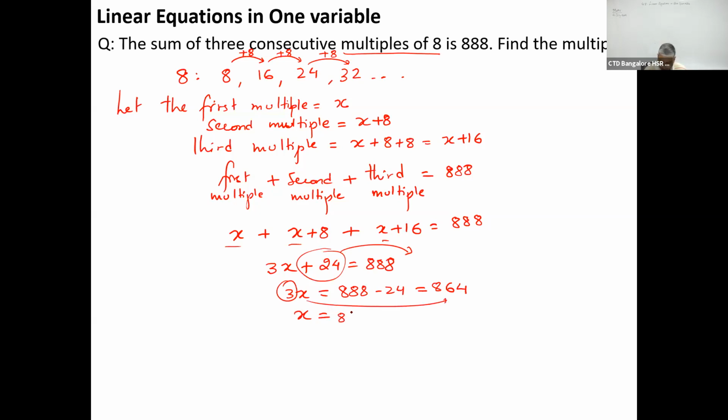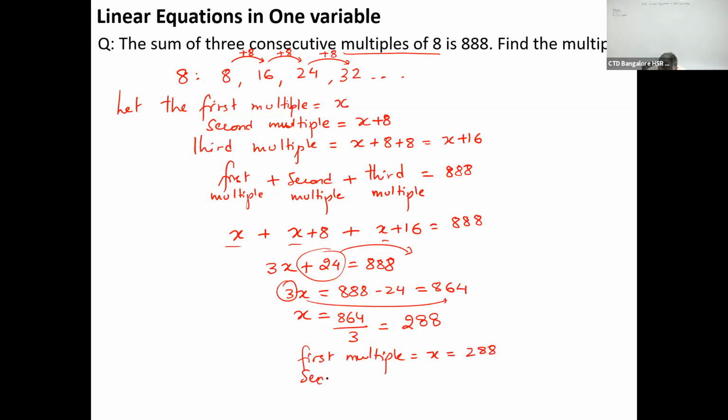So it will become 864 divided by 3, which is 3 to the 6, 2, 6. 3 8s are 24, and 8. So 288. So now we have the value of x, but the answer is the first multiple. The first multiple is x equal to 288.